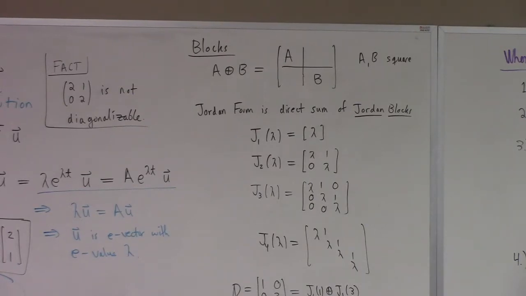The proof of this relies on a simple statement. Similar matrices have the same Jordan form up to the ordering of the blocks.